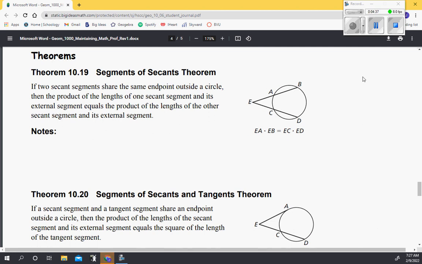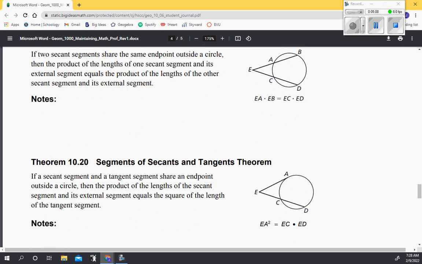The length from E to A times the length from E to B, so we're always starting at E, is equal to the length of EC times the length of ED. We always start at our angle, or our vertex, however you want to say it.